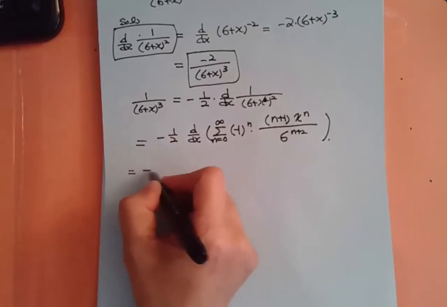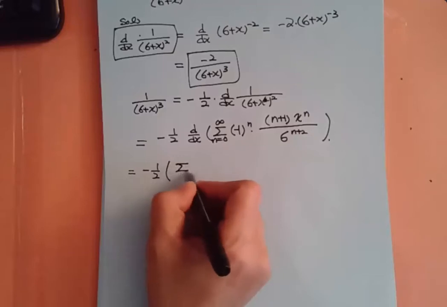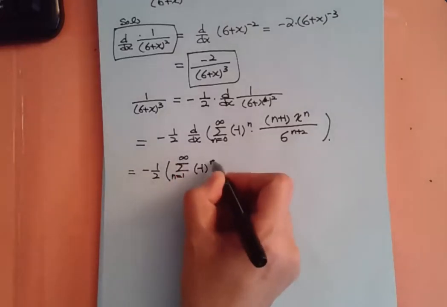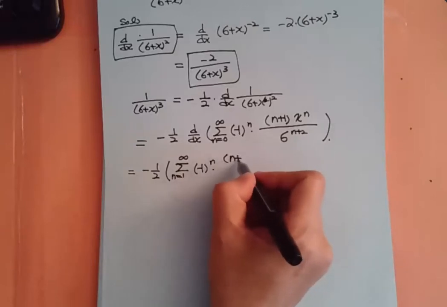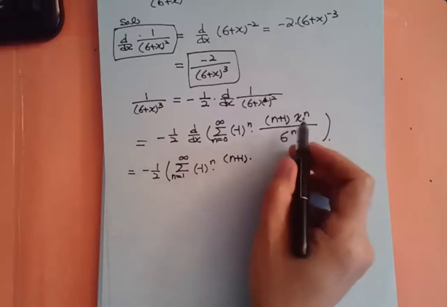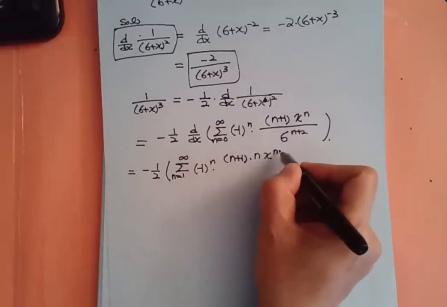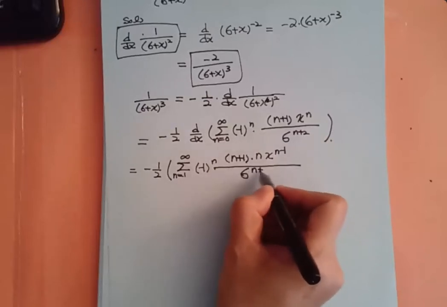So then that becomes -1 over 2 summation n equals 1 to infinity, -1 to the n power times n plus 1, times we differentiate this part, then we get n times x to the n minus 1 power over 6 to the n plus 2 power.